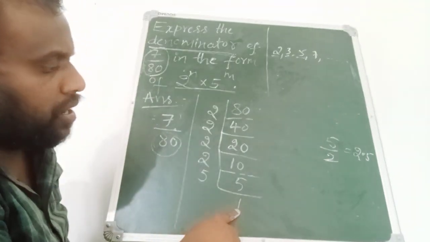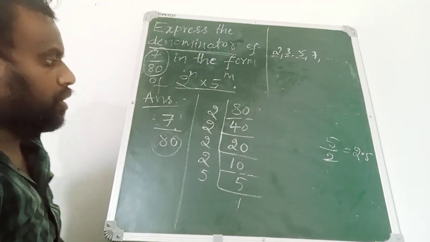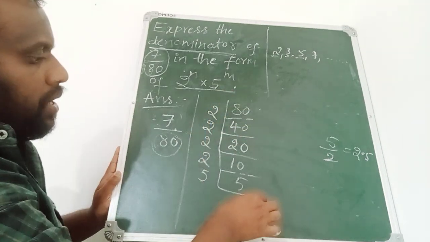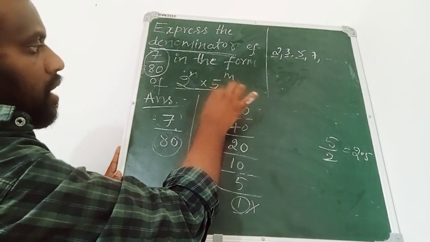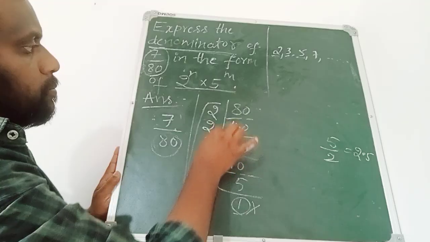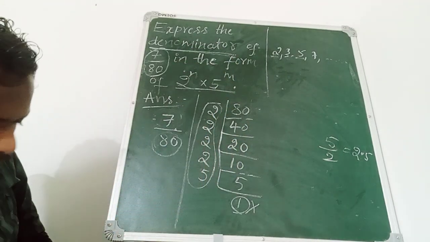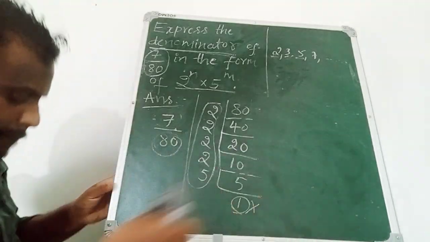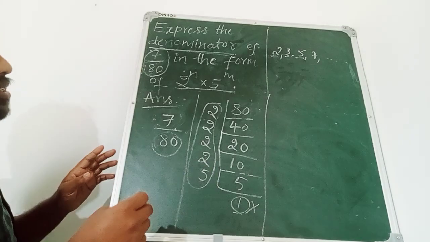When you get 1, we should stop the division process. Now what do you have to do? Except this one, don't consider this. Consider these numbers.